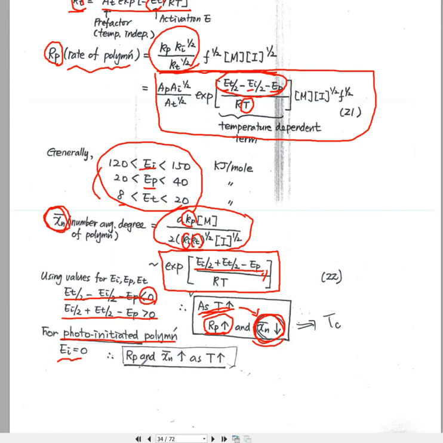Then you can get that for photo-initiated free radical polymerization reaction, as you increase the temperature, both the rate of polymerization and the average chain length also increase. Okay, that's the difference between the thermally activated polymerization and photo-initiated polymerization.